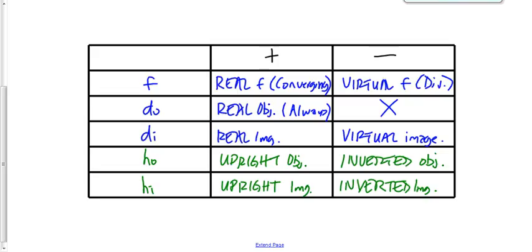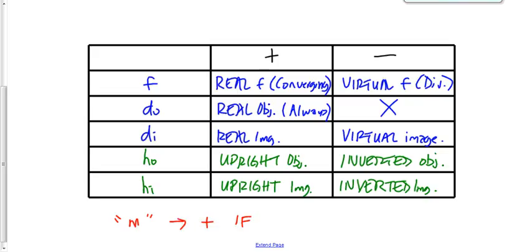Well, the image is upright if you have a virtual image, and you have a virtual image if, in a converging lens or mirror, try to picture it now, the object distance is smaller than the focal length, or if you have a diverging lens or mirror, it's going to be an upright image.